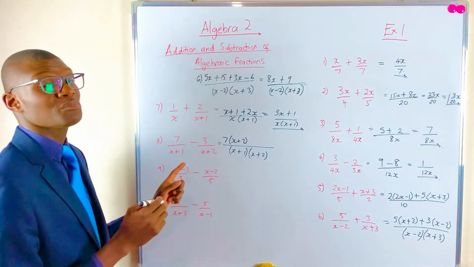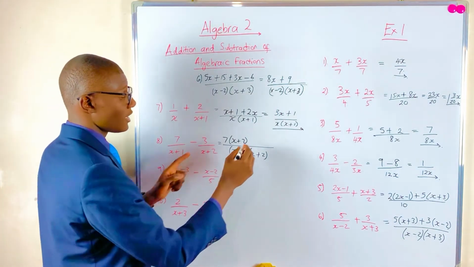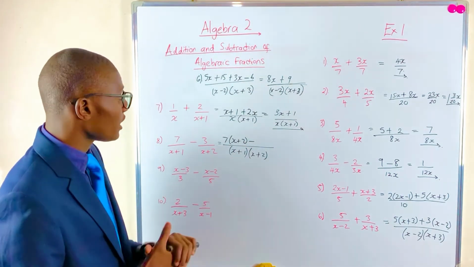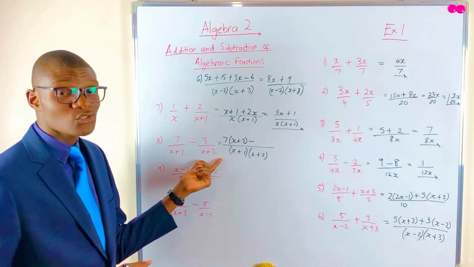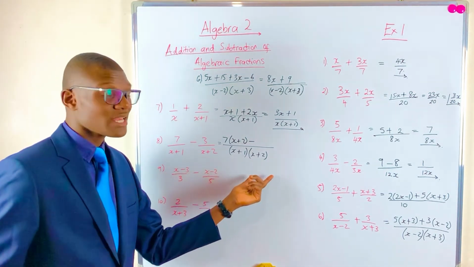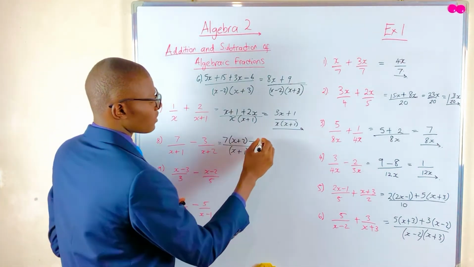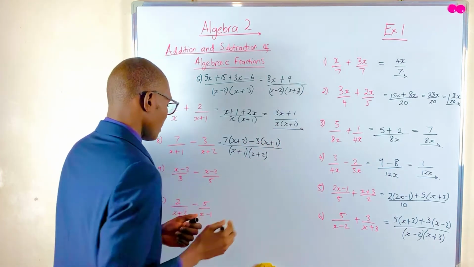Then here you have to be careful. We put the sign first, right, which is here, minus, and then we carry on with the calculation that we are doing. So now we are saying x plus 2 into x plus 1 times x plus 2, we get x plus 1. Then times 3, we shall get 3 times x plus 1, like that.